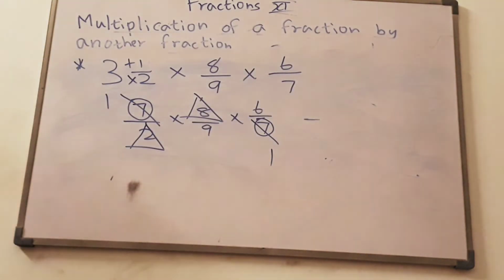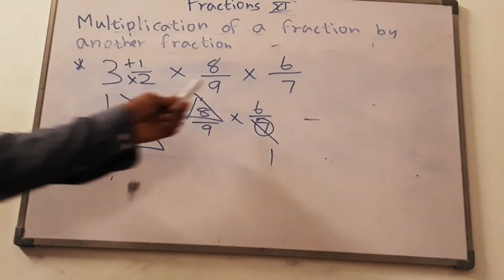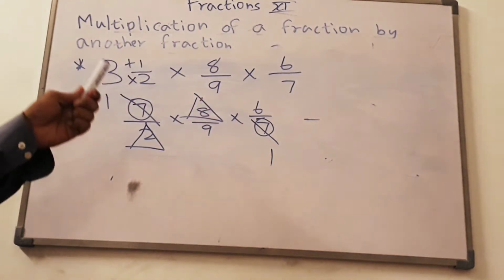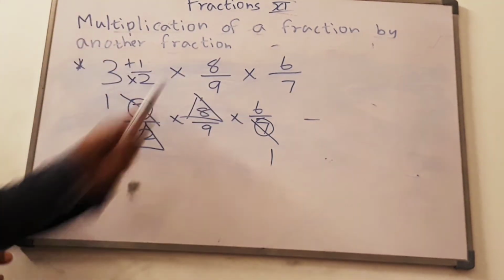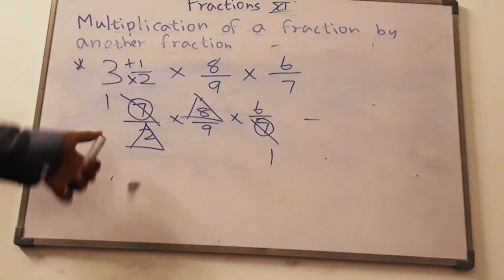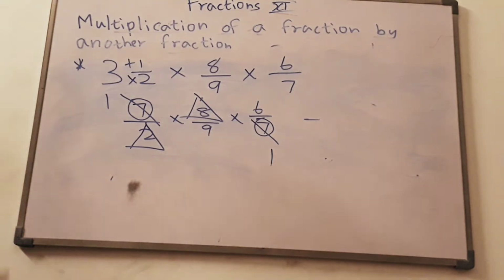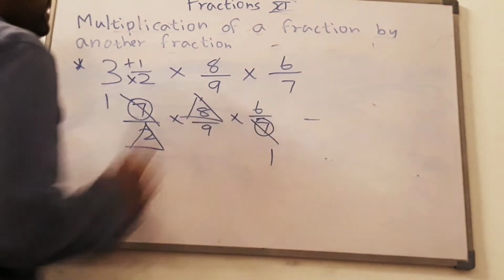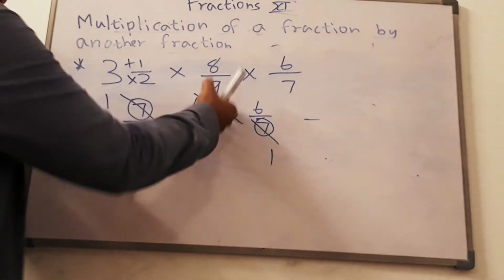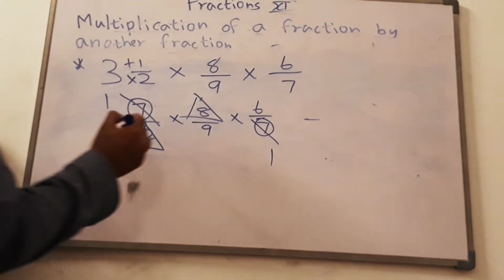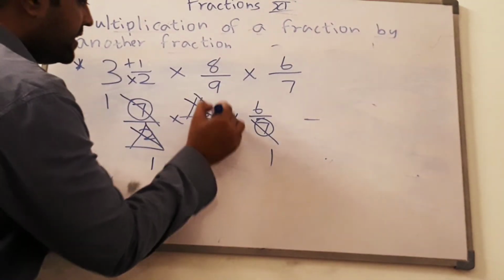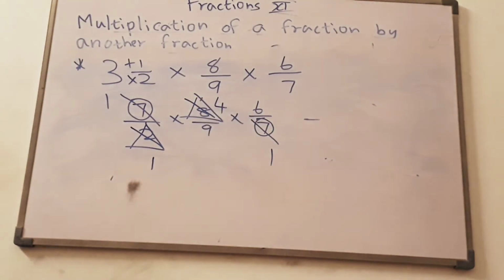But I take only 8. We can simplify only one numerator at a time with a denominator. So we can either use 8 or 6. So I am taking 8, not 6. So 1, 2 here, there are 4 such 2's.